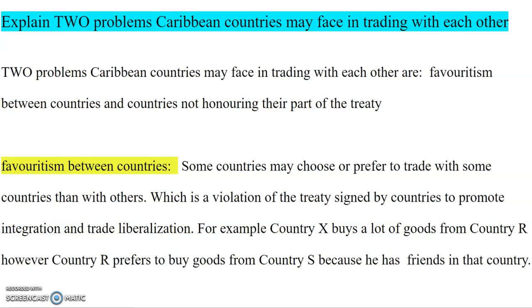For example, the countries that are considered to be less developed, for example country X, might have mistrust problems or issues with the more developing countries when trading. So favoritism is one of the problems that may face countries in the Caribbean when they're trading with each other.